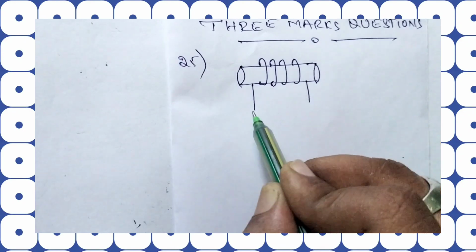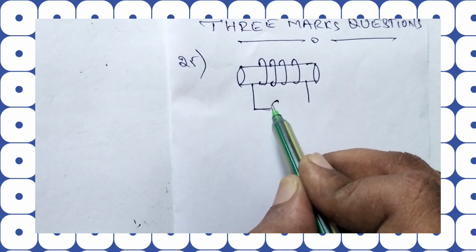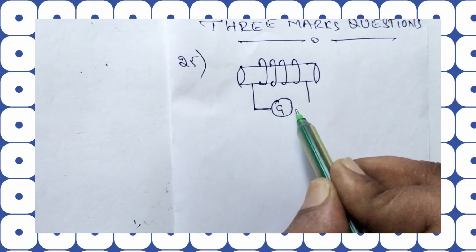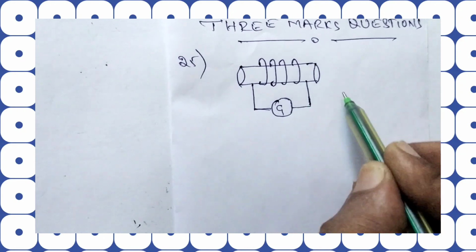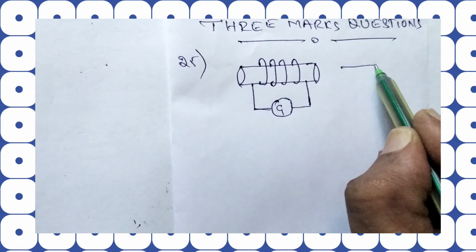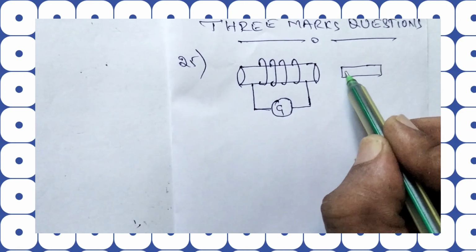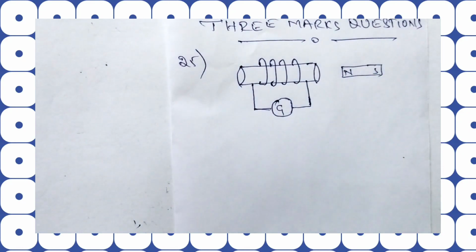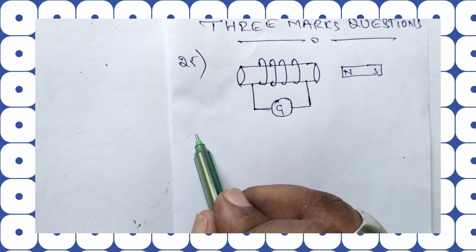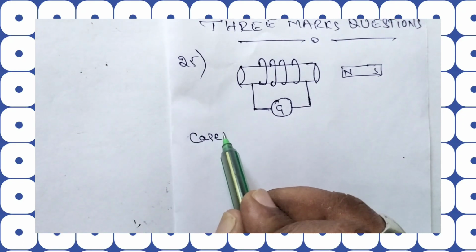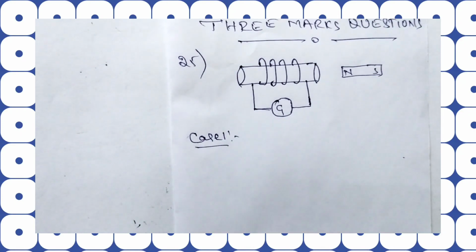So two ends of the coil are connected to a galvanometer. Galvanometer is a device which is used to detect the presence of current in the coil, and this is a bar magnet. A bar magnet has two poles, one is north, another one is south. Now in this experiment we are going to explain certain cases.